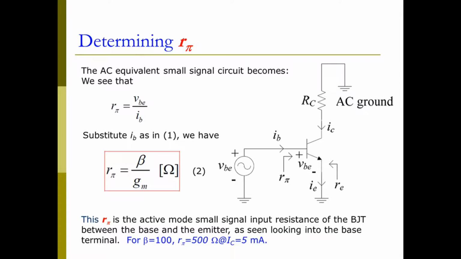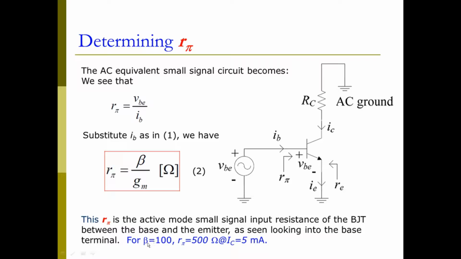Now, remember the definition of rπ. rπ equals vbe divided by ib. We just plug in the ib we derived, and eventually we get a formula that allows us to calculate rπ, which is beta divided by gm. So rπ is the active mode small signal input resistance of the transistor between the base and the emitter, seen looking into the base terminal.